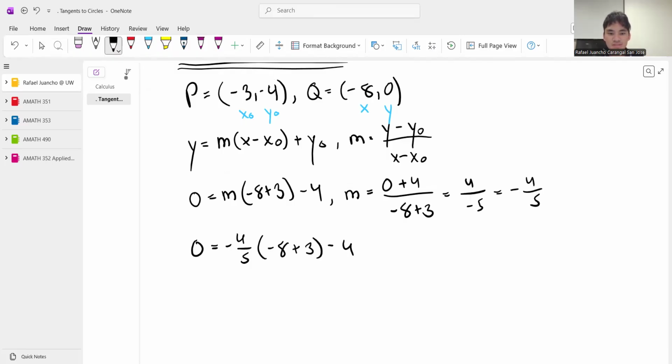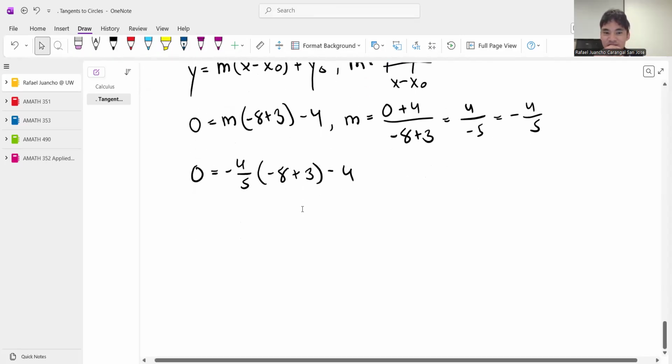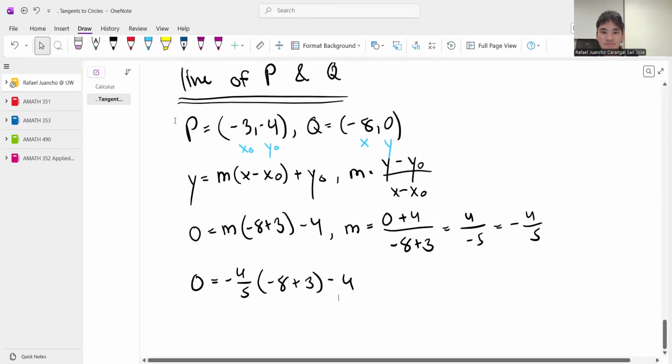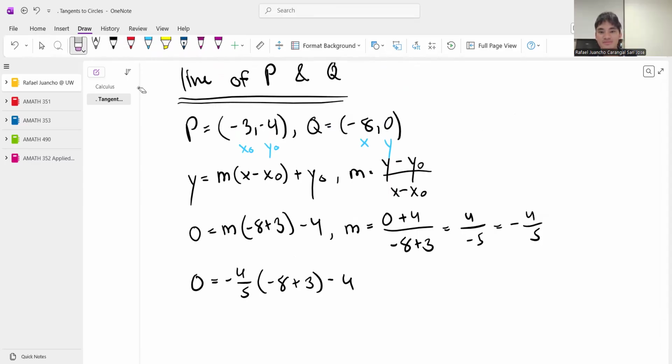Wait, is this right? Now I'm questioning myself. I don't think I did it like this. Ah, I forgot how I did it. No, it wasn't like this. I just needed 2 points, and I needed to use one of them to be x naught, y naught. It could have been any of them.